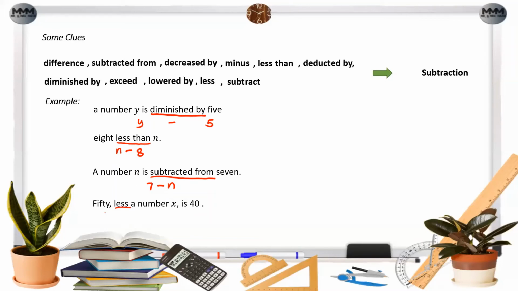So it means 50 minus x, and the word is means equal to 40. So this is our mathematical translation: 50 minus x is equal to 40. So that's it.